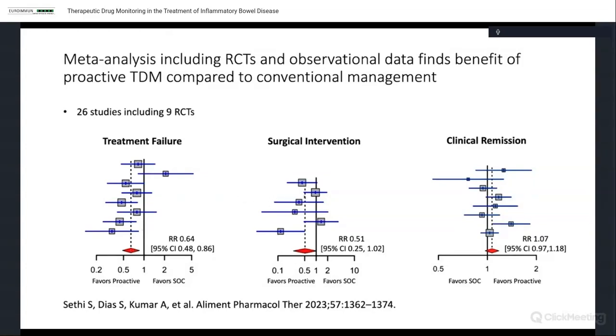A lower rate of surgical intervention was nearly statistically significant in the proactive management in this meta-analysis. And although there was a tendency towards higher clinical remission, this was not statistically significant, favoring proactive.